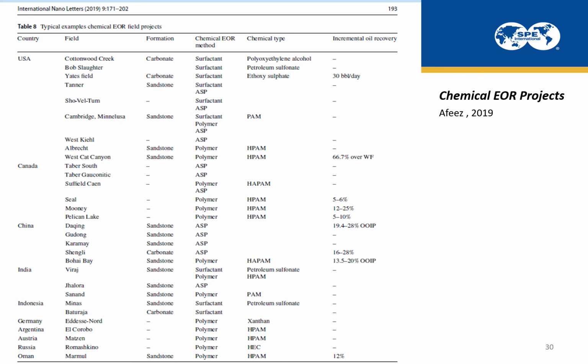The contribution in some fields, like in Canada, the incremental reaches 62.7% in West Canyon in Canada. And another example in Daqing oil field, the incremental oil recovery is 19.4 up to 28% of oil in China.